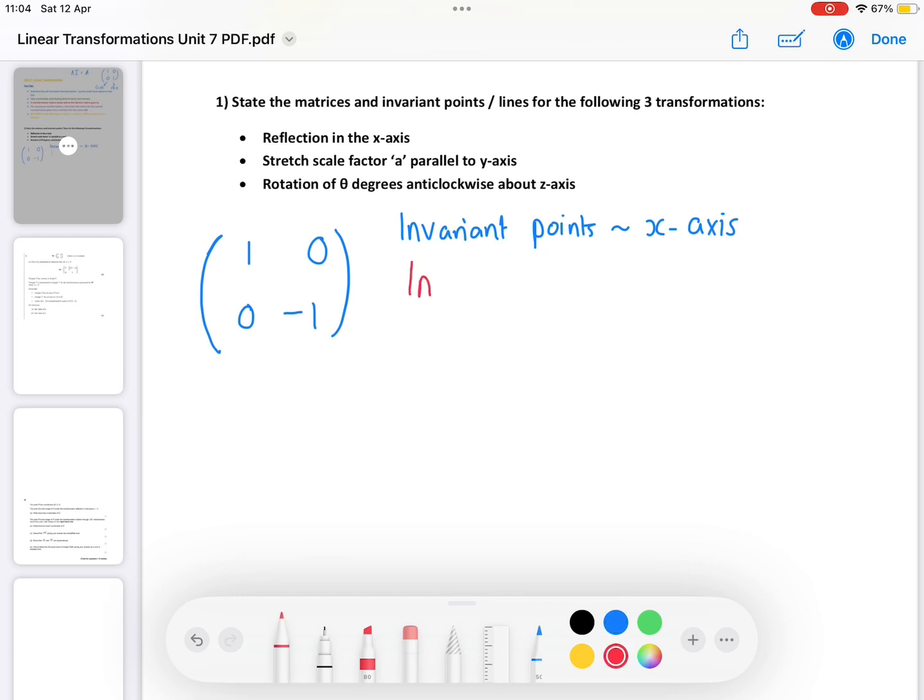Invariant line. And we can say anything in the form x equals k. So any vertical line, when reflected in the x-axis, will be invariant, but the points on the line won't be.